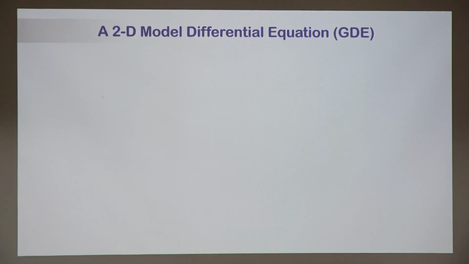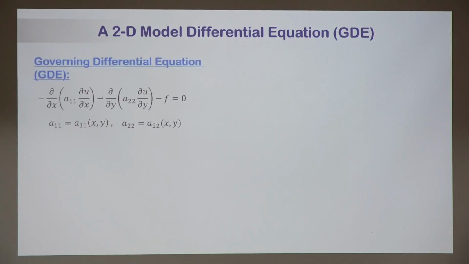Okay, so let me start with a second order boundary value problem, where A11, A22 could be functions of position, F is any external stimulus applied, and U is the variable that we want to determine. I don't want to go into the details of explaining where it comes from, but it is the most celebrated equation in all of mathematical physics, known as the generalized Poisson equation.